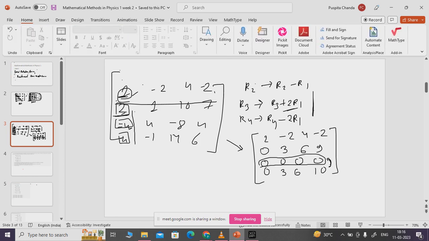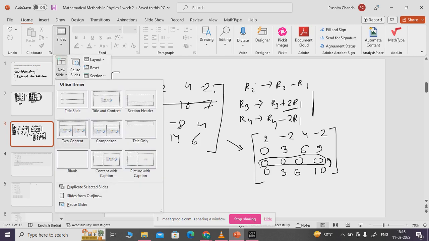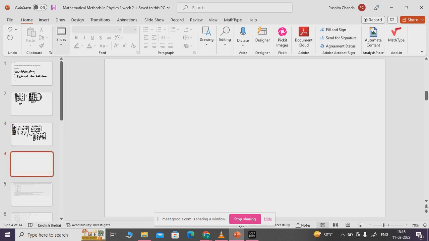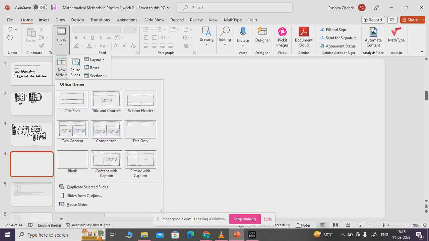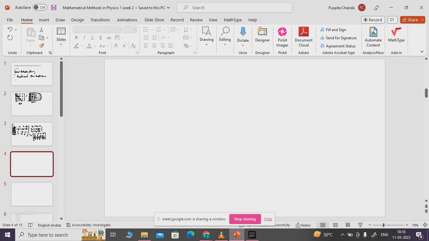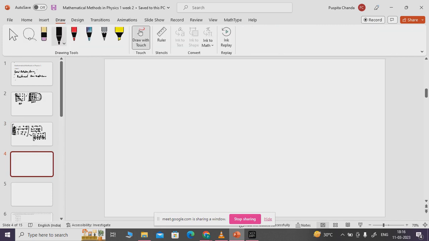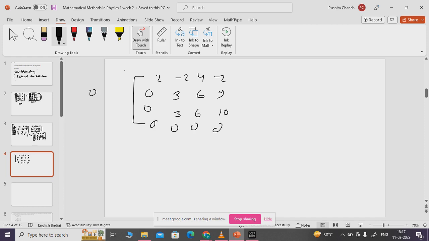So the next matrix will be 2 minus 2 4 minus 2, 0 0 3 6 9, 0 3 6 10, 0 0 0 0.